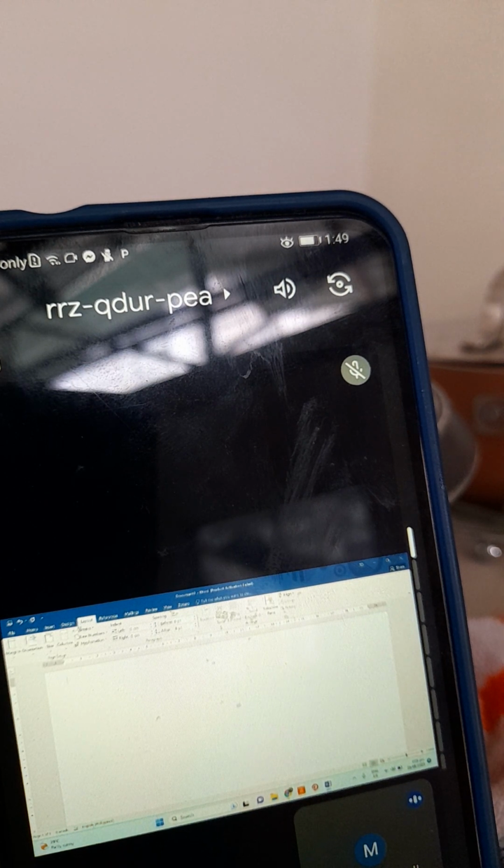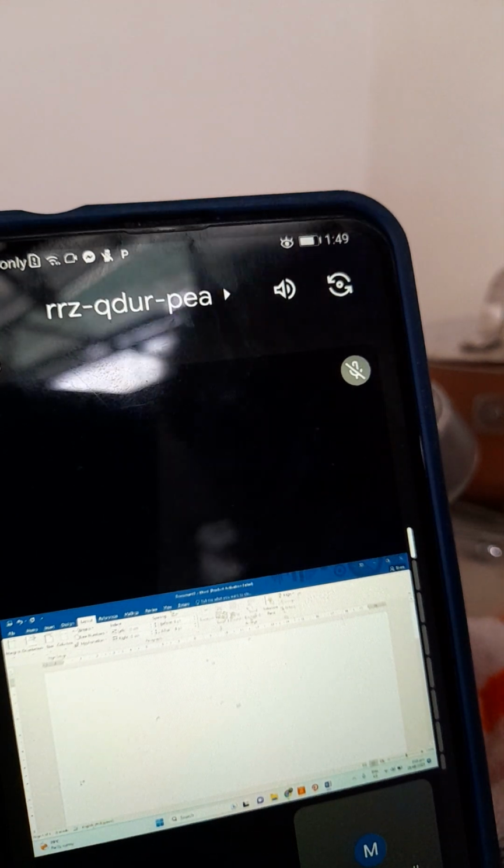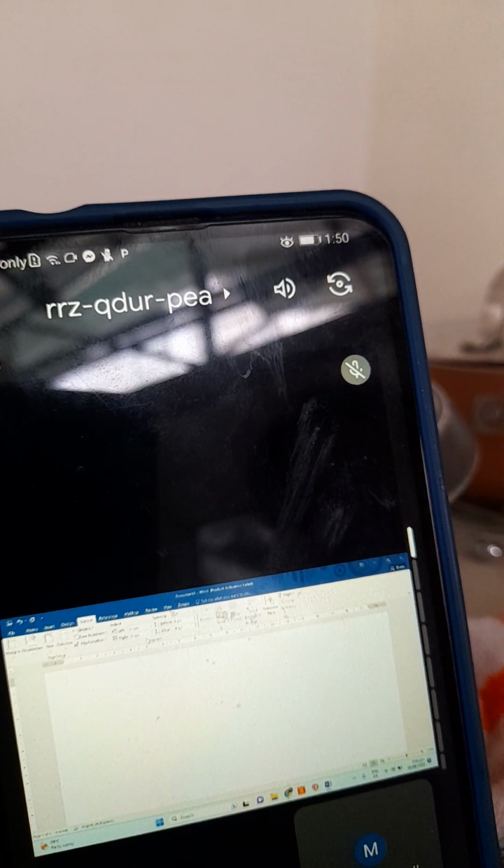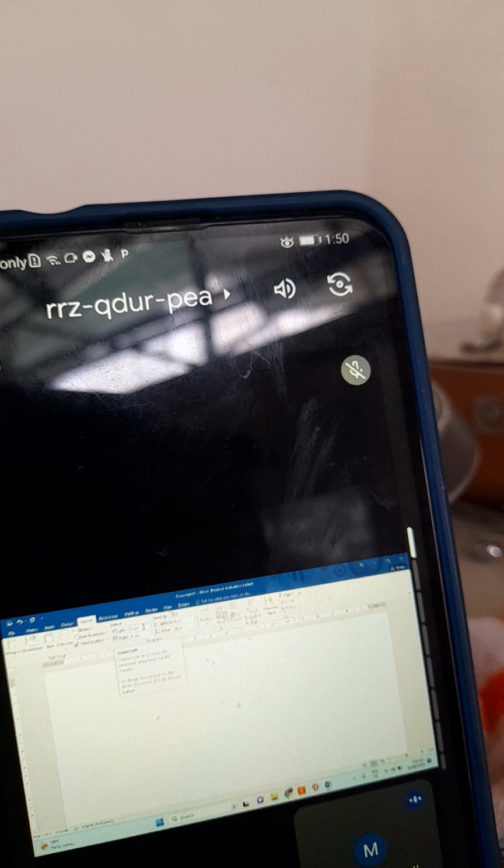You go to layout, you go to margin, you need to adjust the margin. Okay, margin, customize. On the left, you are going to have 1.5 inches of margin.